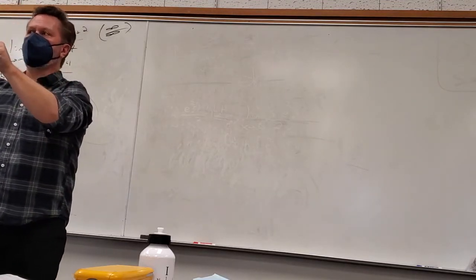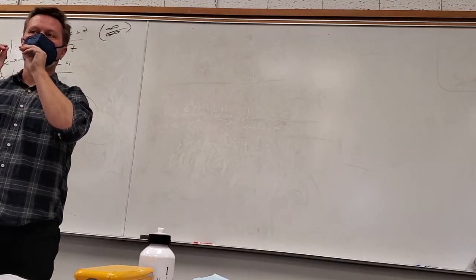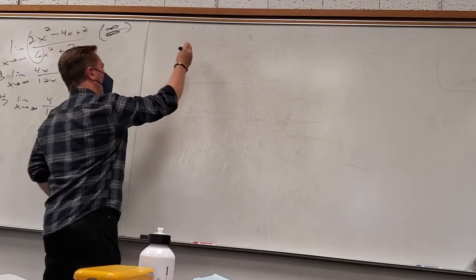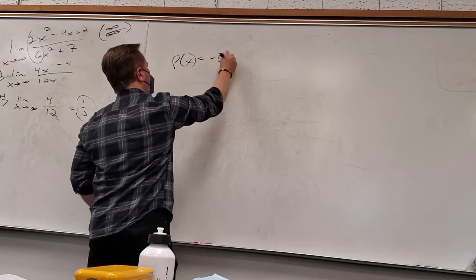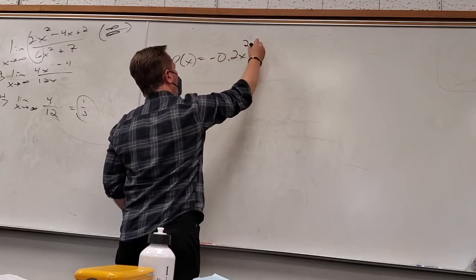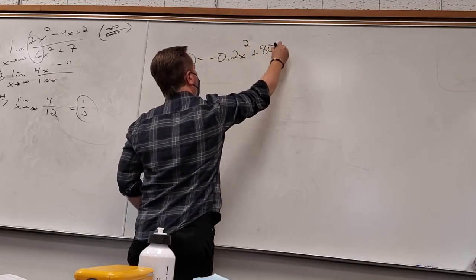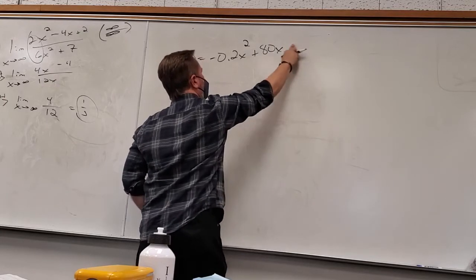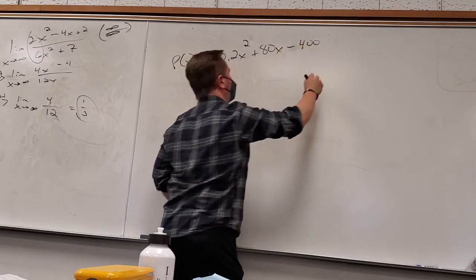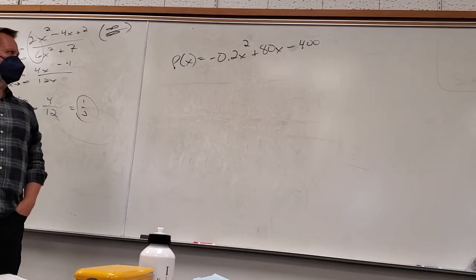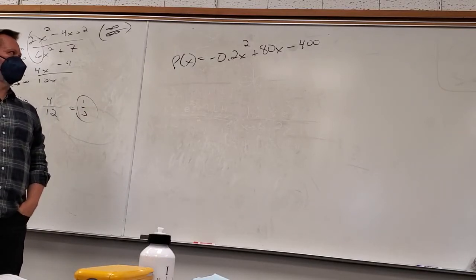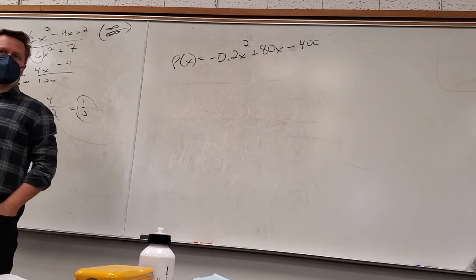Optimization problem. You did these in pre-calculus. Does anyone remember how to find the maximum profit if my profit function is this? If that's my profit function, what's special about that function?